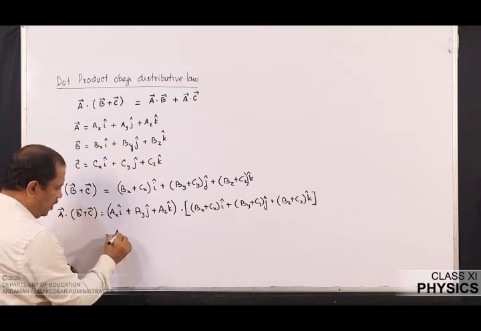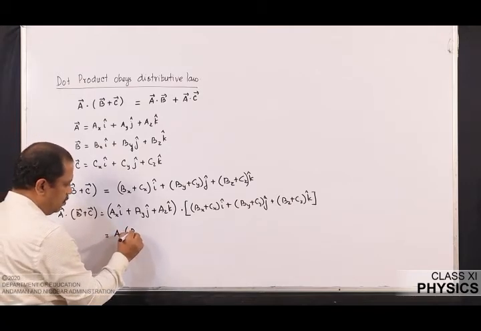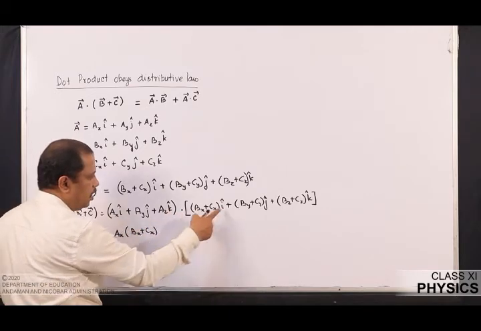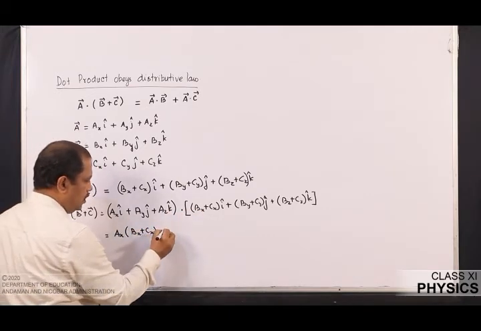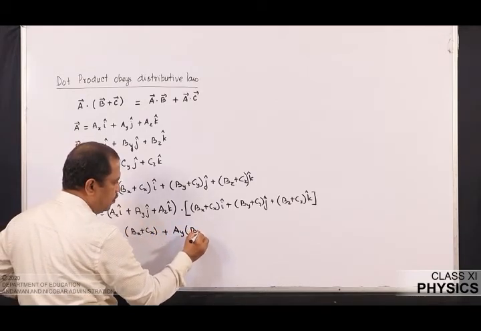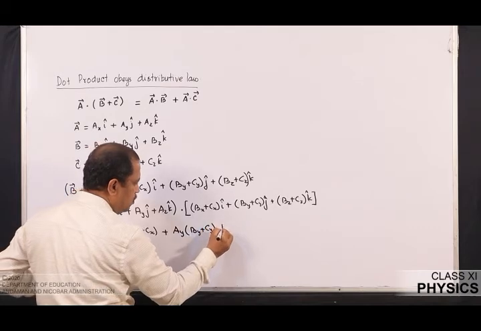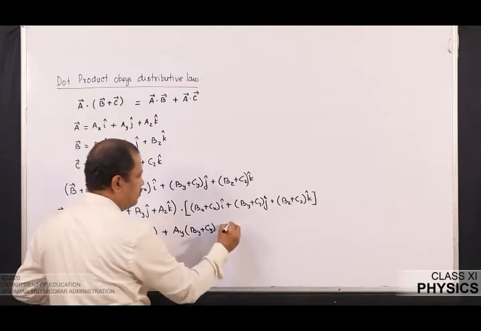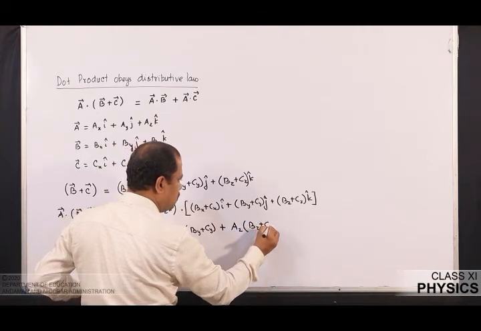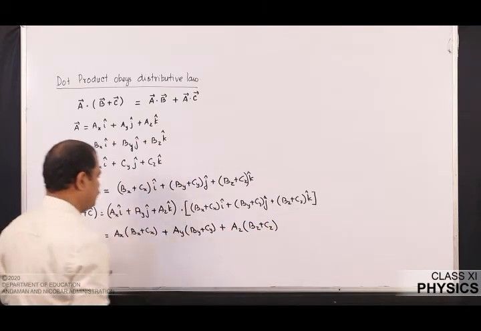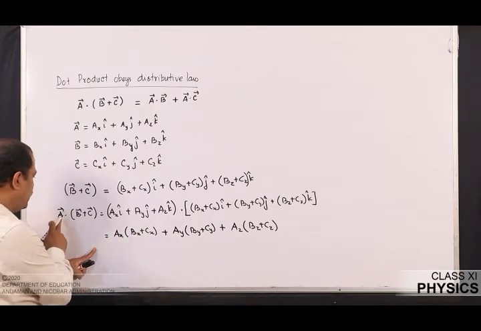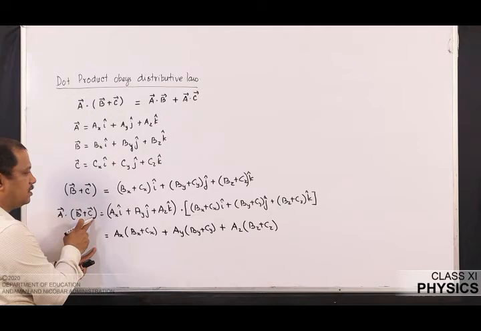So I am going to have Ax (Bx plus Cx), i dot i is going to be 1, plus Ay (By plus Cy), plus Az into (Bz plus Cz). So this is the expression that I got when I tried to find A dot (B plus C).